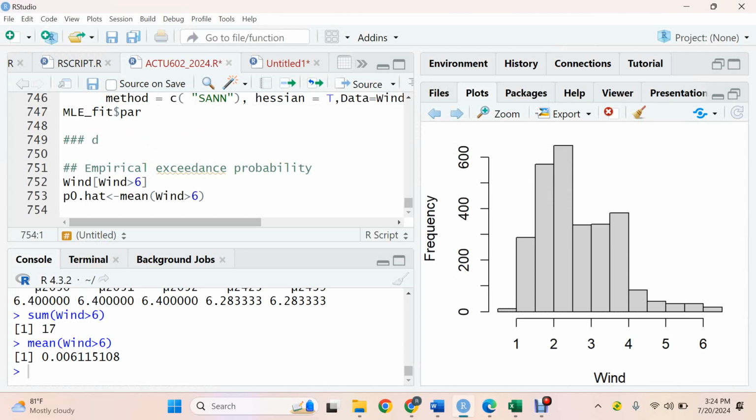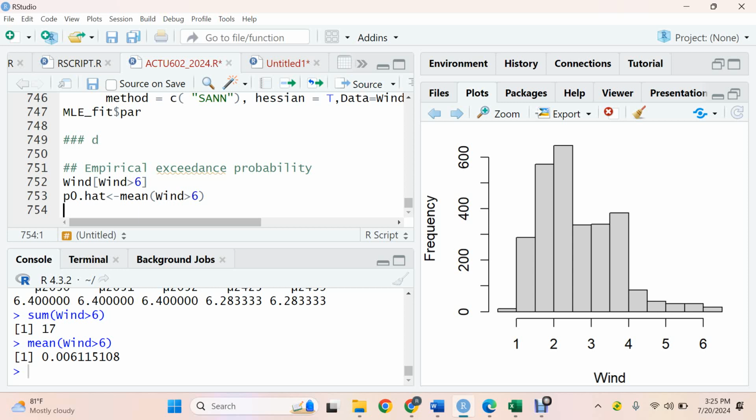Well, we can now estimate this same thing, which means we want the survival function at x equal to 6. We have already estimated our values for the scale and the shape. So all we need to do is find the survival probability. How do we find the survival probability? 1 minus F of x.